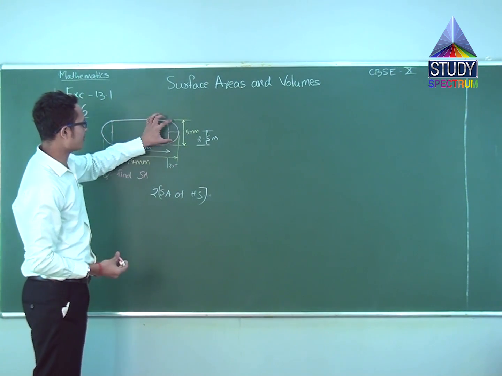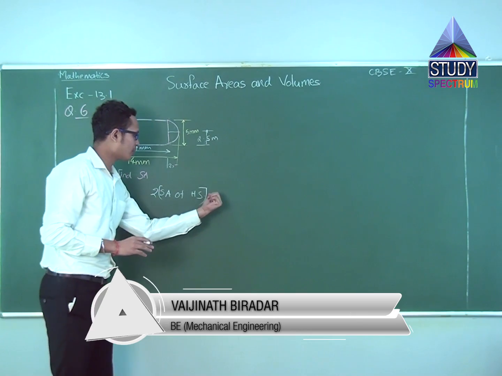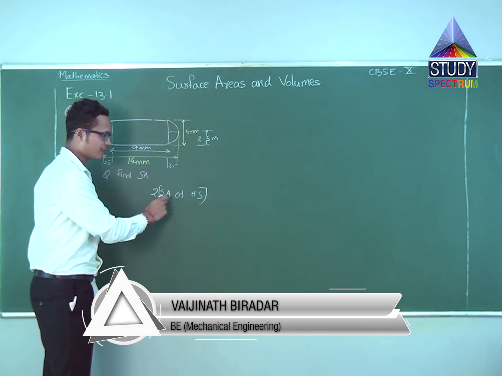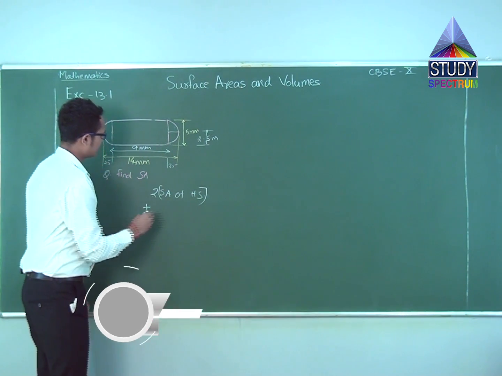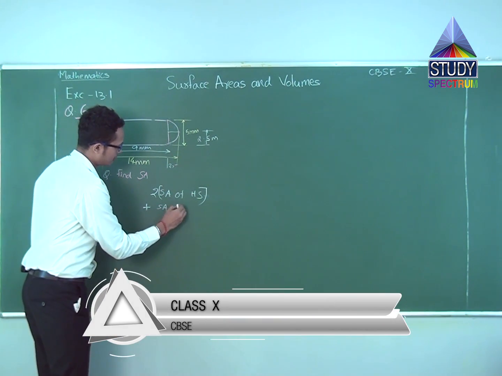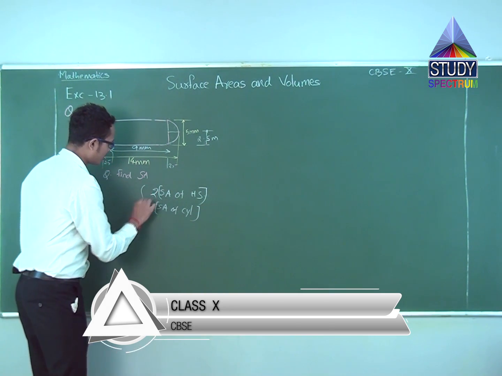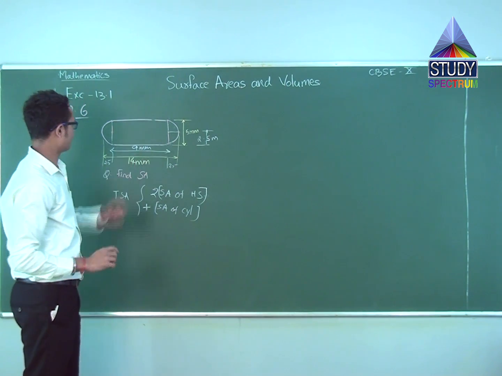The radius of this hemisphere and radius of this hemisphere is same, so I did not worry about writing it separately. I can just write it as 2 times surface area of hemisphere plus surface area of cylinder. That gives me TSA, total surface area of the capsule.